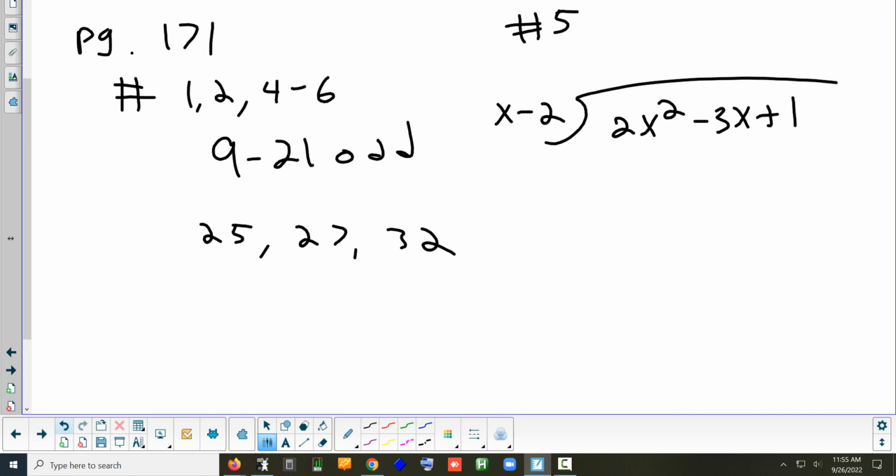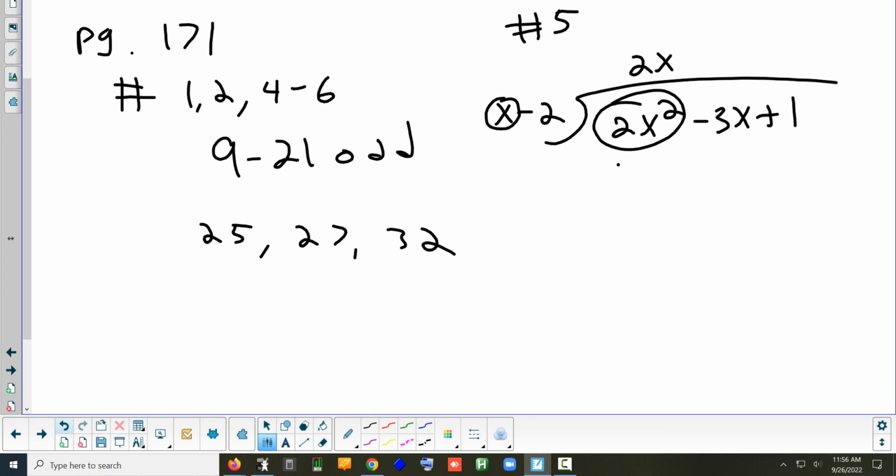Okay, so actually we can probably just do the whole thing. It won't take long. First thing you do is make sure you're not missing any terms. Squared, linear, constant. Okay, we're good. Divide x into 2x squared, and what do you get? 2x. Now multiply it back out.